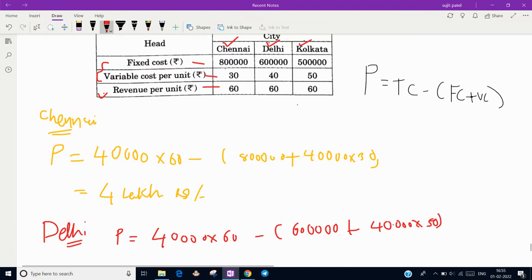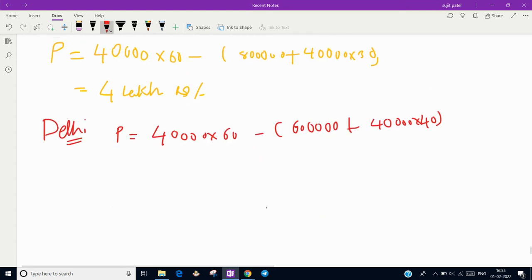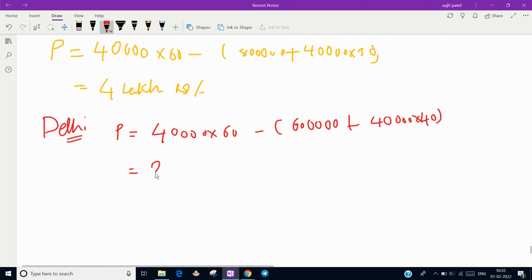Sorry, for Delhi it is my mistake: the variable cost is 40 rupees per unit. So when you solve this, you will get a profit of 2 lakh rupees.